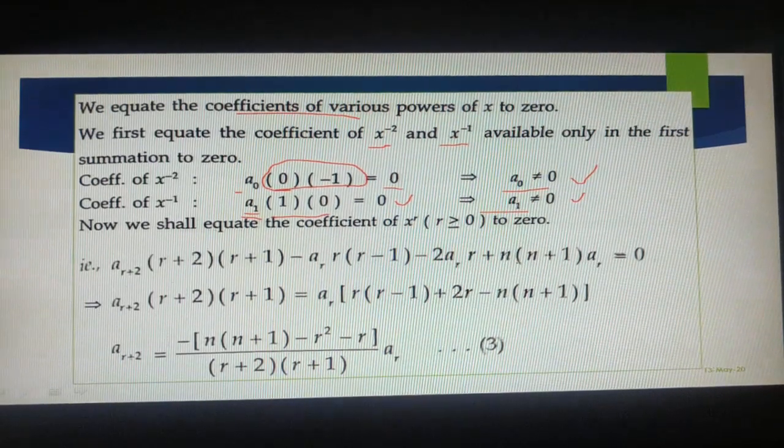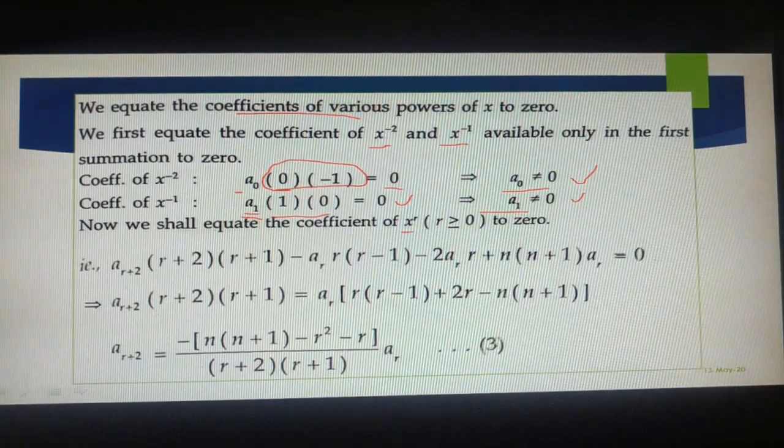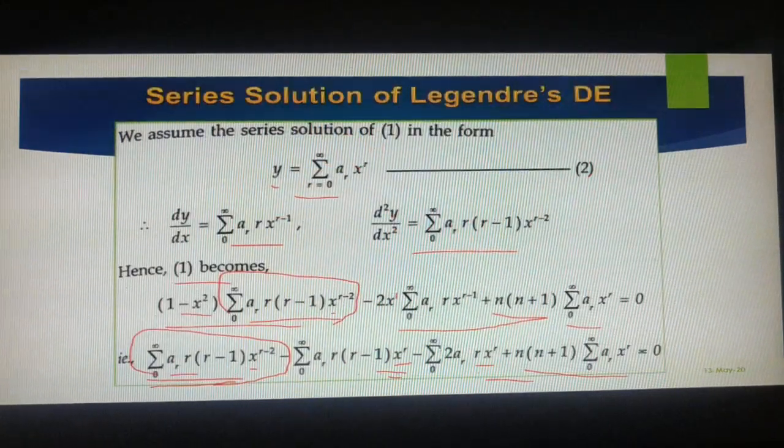Right. So now next we are going directly to compare with x power r. Of course r is greater than or equal to 0. Just now we took r is equal to 0, and r is equal to 1 also. Now directly we are trying to take x power r in this series.